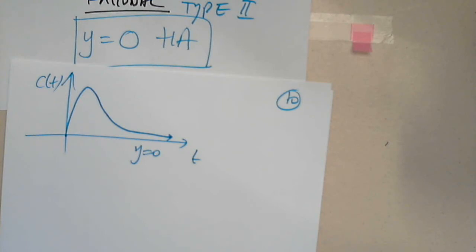Okay, part A, use the graph to obtain a reasonable estimate of the drug's concentration after 3 hours. So they want us to determine C of 3, but from the graph. Okay, so let's take a look.